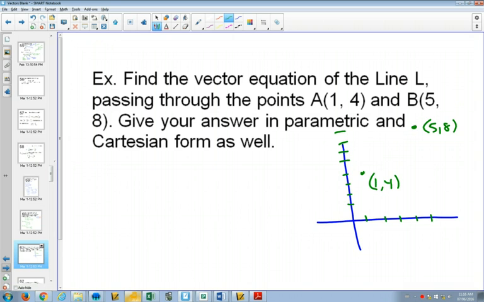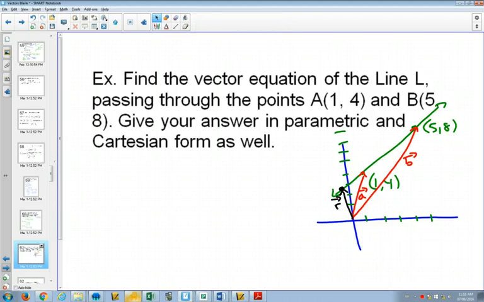And our line goes through both of those. So we have a position vector A and a position vector B. That kind of idea. And what we're looking for in our equation of our line is the equation for any point along here, any position vector r that happens to be on that line.